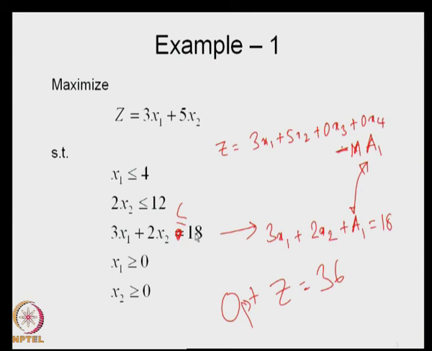What happens if I increase this right hand side value from 18 to let us say 20? What happens to my objective function? Which means we are seeking the sensitivity of the objective function to changes in the right hand side values of the constraints. That is one type of sensitivity problem.